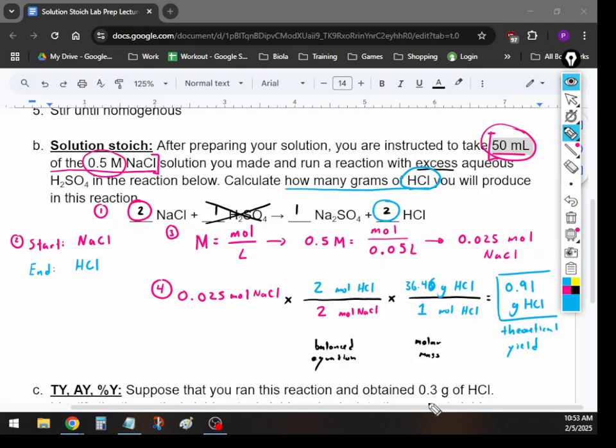Because based on how good your techniques are, how good you are at making the chemical reaction run well, it's going to determine how much of the chemical you can make. Now, the number that you get from your calculations will always be called your theoretical yield. And then the amount of the chemical you make in your lab will be called the actual yield.